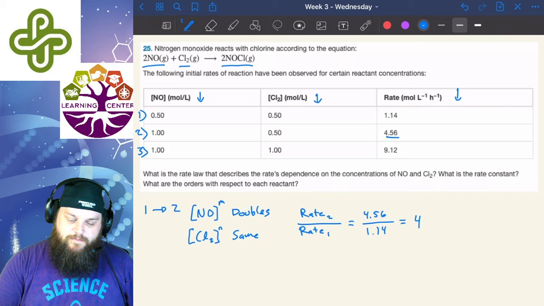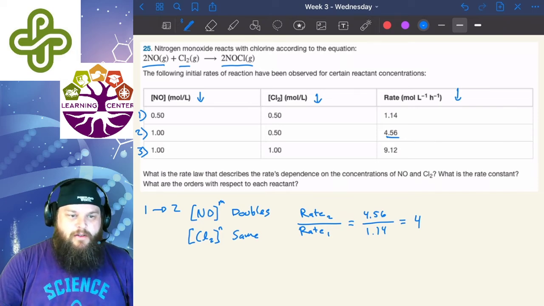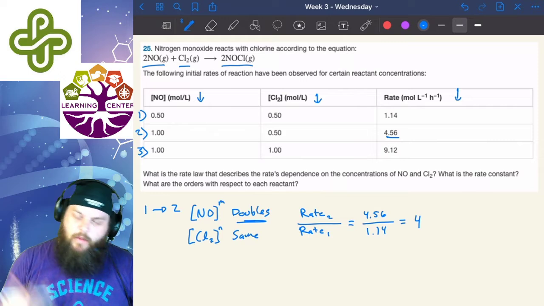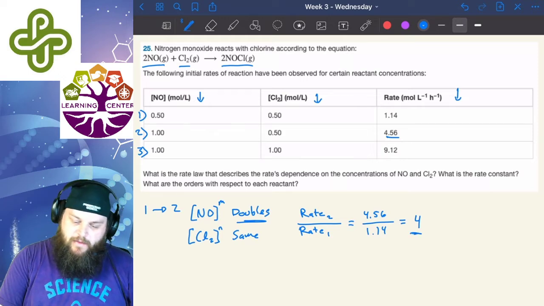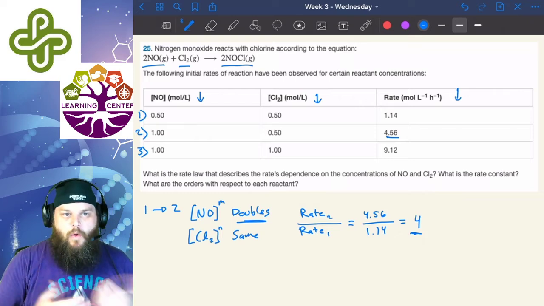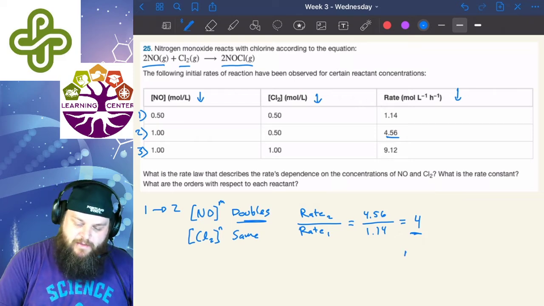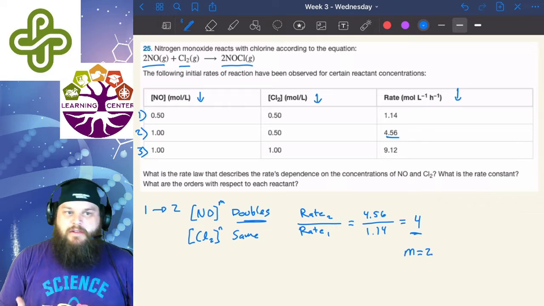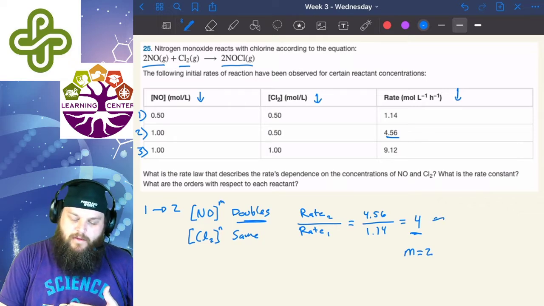So then what we need to really determine here is, since we're doubling the concentration, the rate goes up by 4. So we need to find out what order that must be. In this case, we say M is equal to 2, because when we double the concentration, we would have to square that number to get to 4.